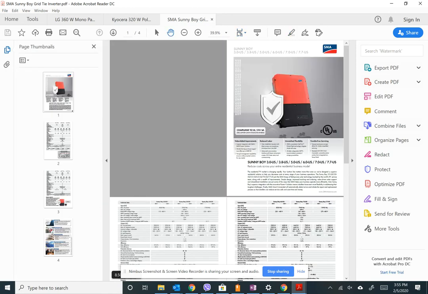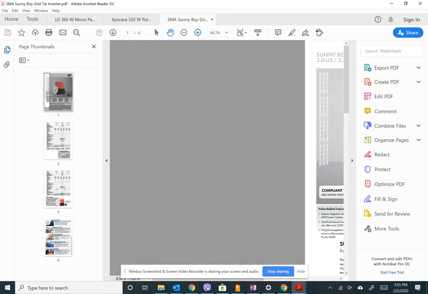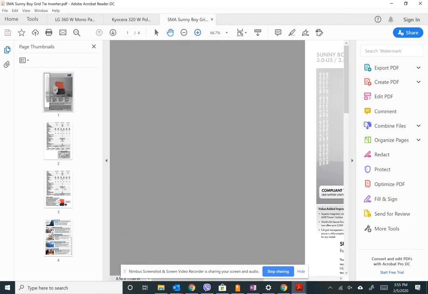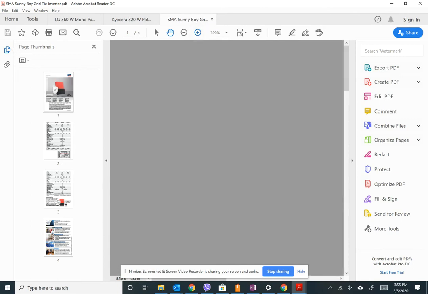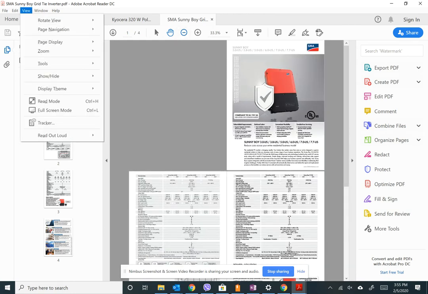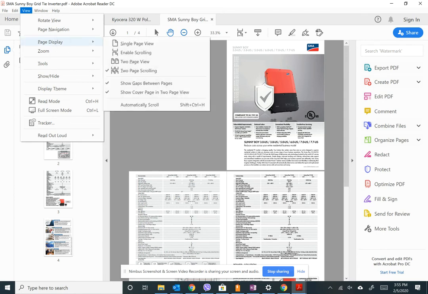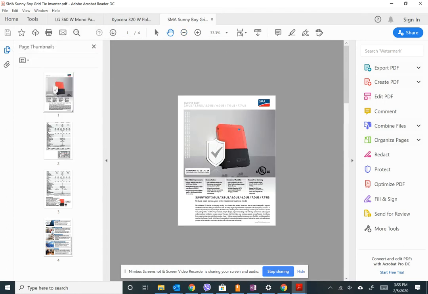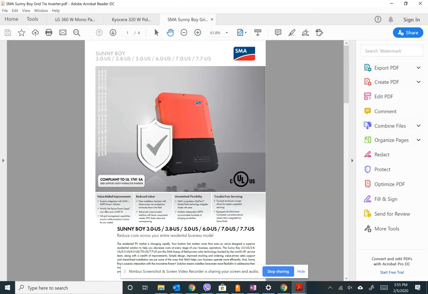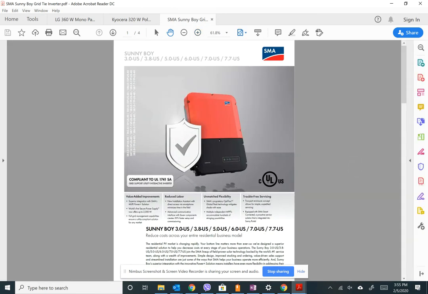Okay. If you continue to zoom in, it should go to one page. Page display. Single page. Boom. Okay. Here we go. Cool. Get rid of all that nonsense.